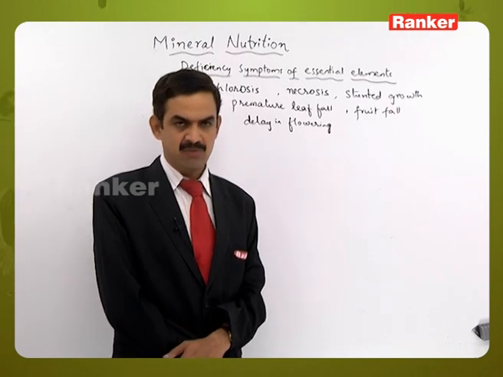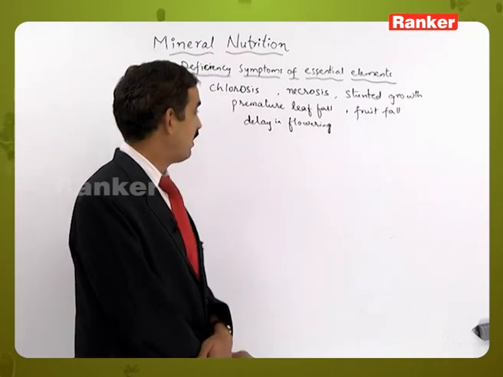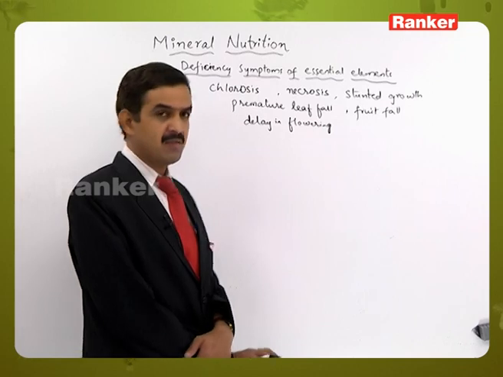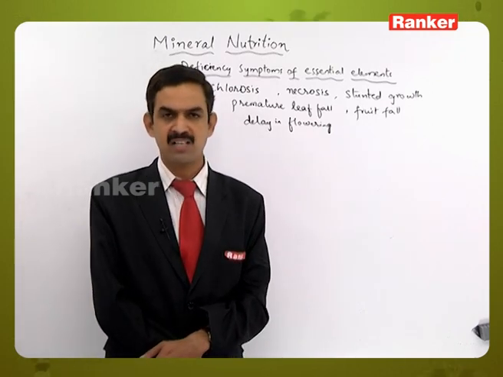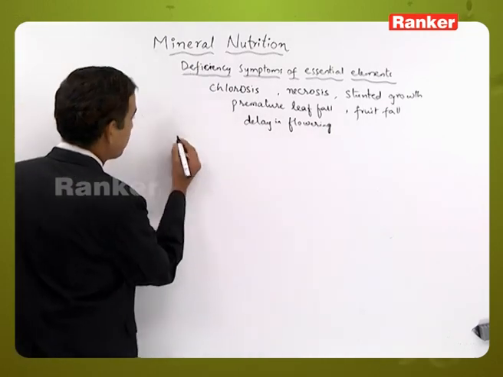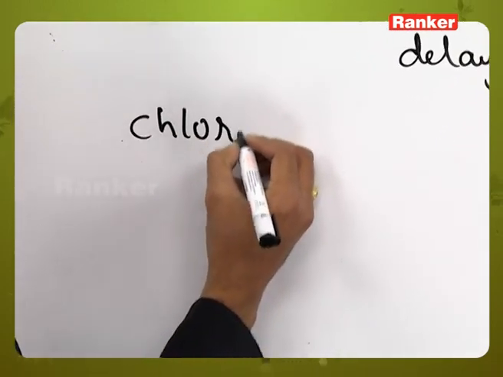Let us see some of the examples like chlorosis or necrosis which have been caused by the deficiency of various types of elements. Let us start with the first one, chlorosis.